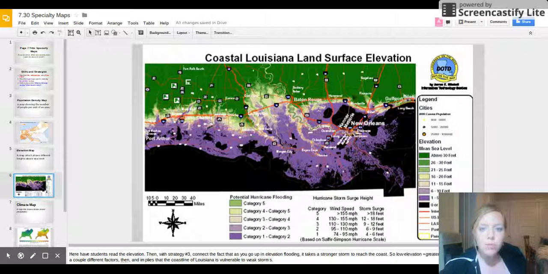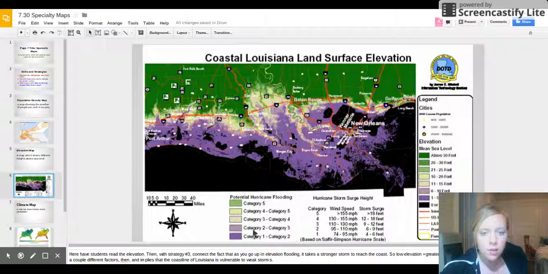The thing I wanted to show you about this elevation map that's very interesting is it's actually charting two factors at once. So here you have the dark purple, 1 to 5 feet, and then over here on the left, potential hurricane flooding. So that dark purple is a category 1 to category 2 storm, something that could flood a place that was at 1 to 5 feet above sea level.